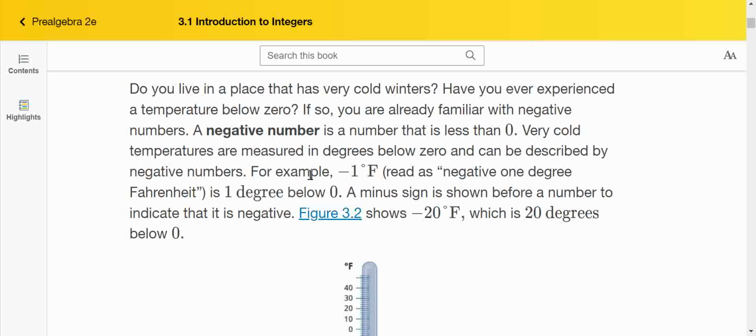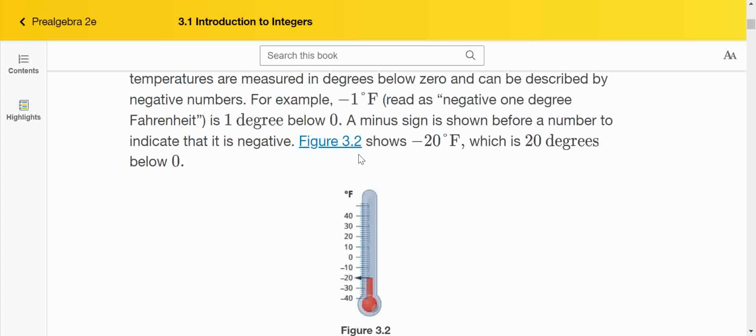For example, minus 1 degree Fahrenheit, read as negative 1 degree Fahrenheit, is 1 degree below 0. A minus sign is shown before a number to indicate that it is negative.